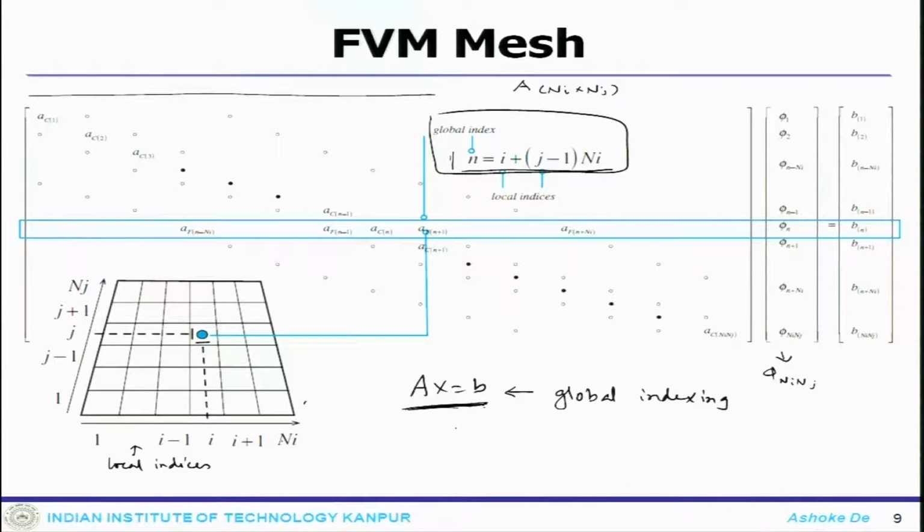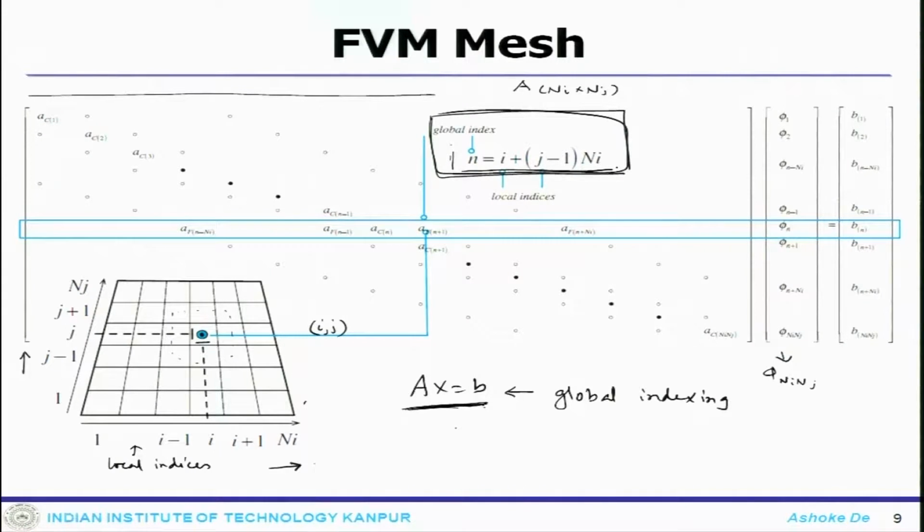If you look at this picture, you have a 2D domain where you move in the i direction and then the j direction, and you have an element at the i j location. At the i j location, you consider the surrounding elements to discuss these things. This is the local indexing, and from local indexing to global indexing it is mapped like this. So this is how the global indexing is done.